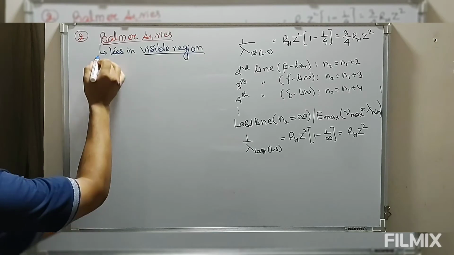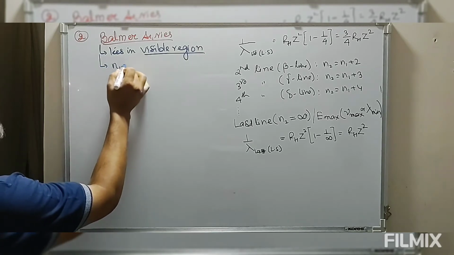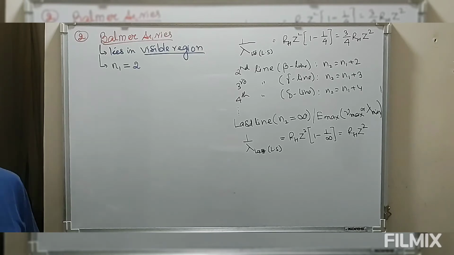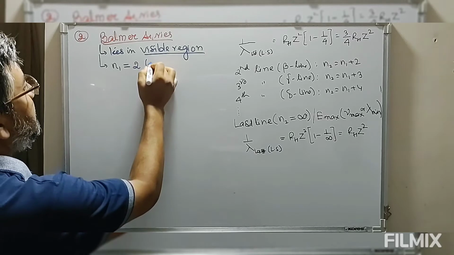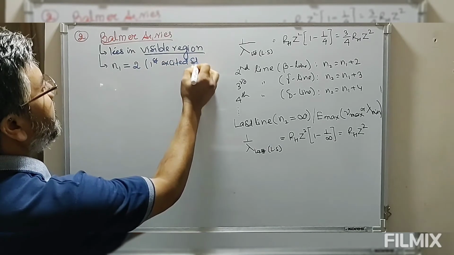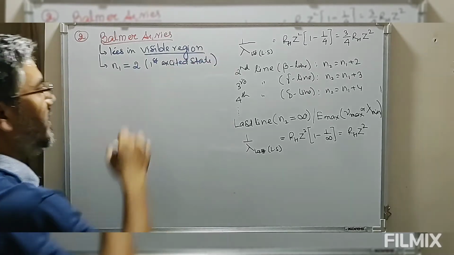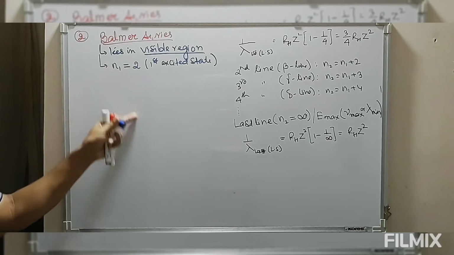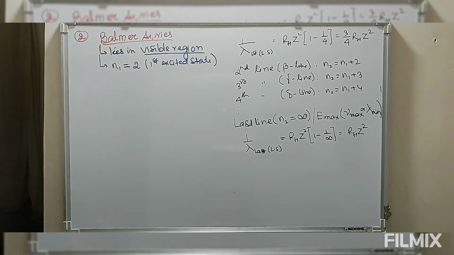For this Balmer series, the value of N1 is always a constant, that is 2. So the electron is coming from any level to the first excited state. If the electron is returning from any of the other excited states to the first excited state, that frequency will always lie in the visible region, and that series is what we call the Balmer series.